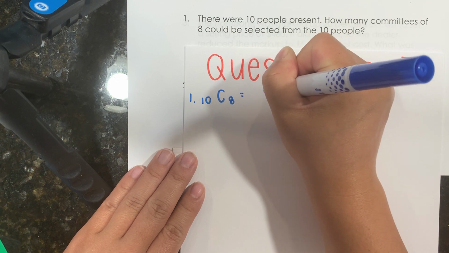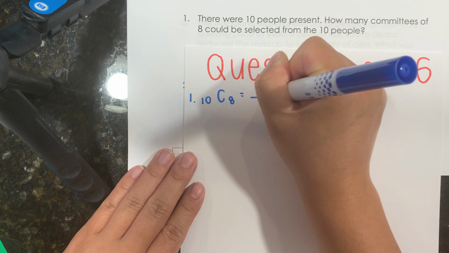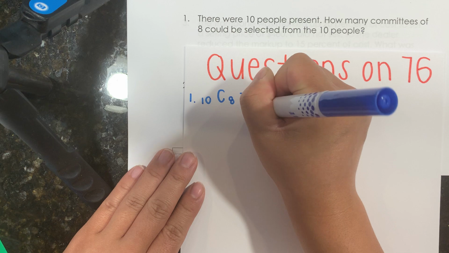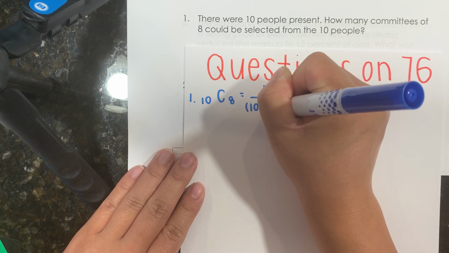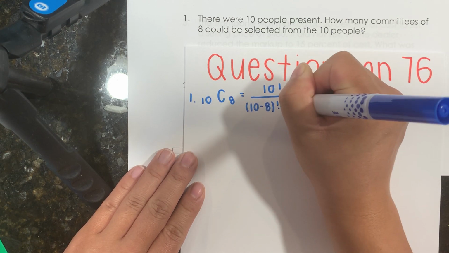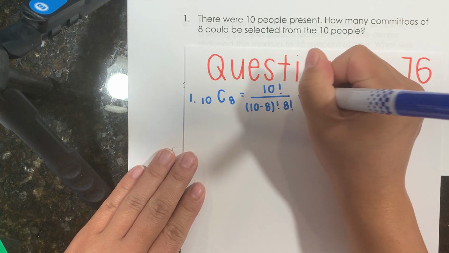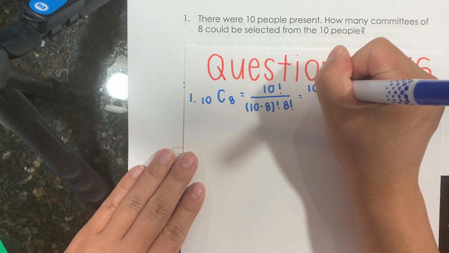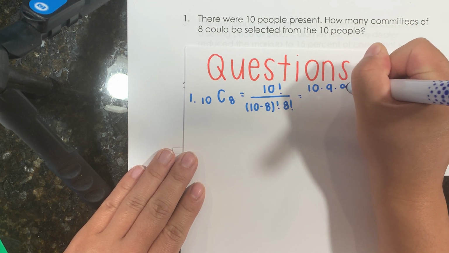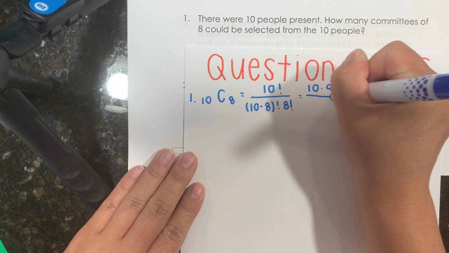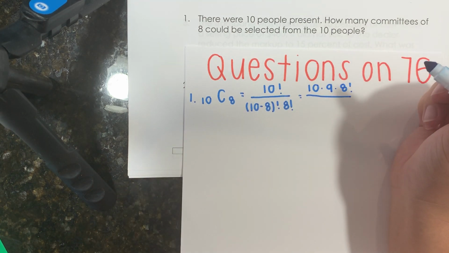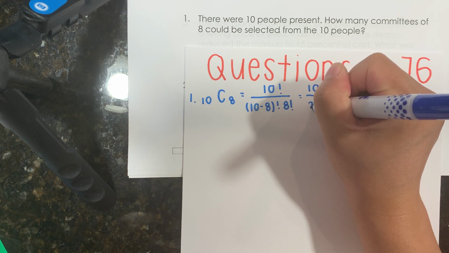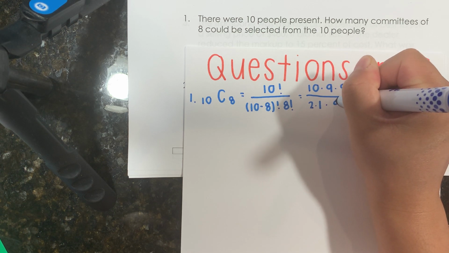And that formula is going to be 10 factorial over 10 minus 8 factorial, 8 factorial. So we have 10, 9, and then 8 factorial. 10 minus 8 is 2, so that would be 2 factorial, which is just 2 times 1, and then times 8 factorial.